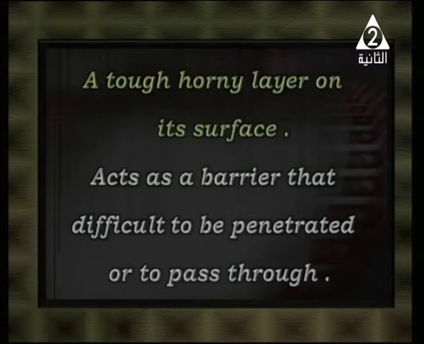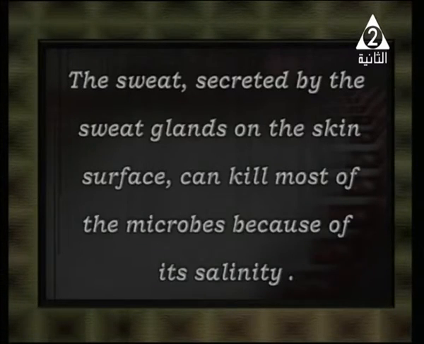This layer acts as a barrier that is very difficult for the pathogens or viruses to penetrate. The sweat secreted by the sweat glands on the skin surface can kill most microbes because of its salinity, because it contains a large amount of salts.